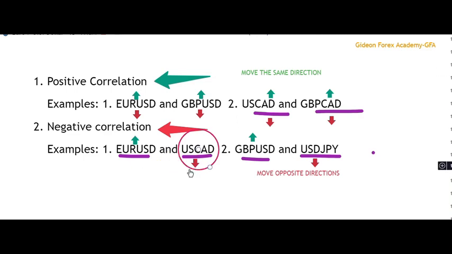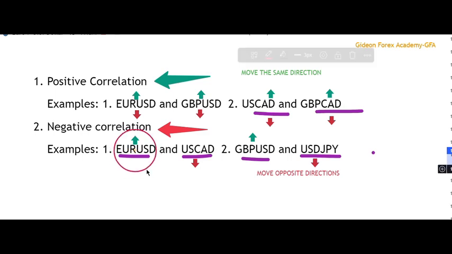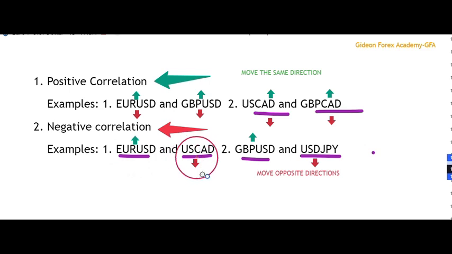I hope you understand. So even with negative correlating pairs, you don't want to open opposite positions at the same time. You don't want to buy one pair and sell the other, or sell one pair and buy the other. It's because you'll be losing in both if the price goes against you.